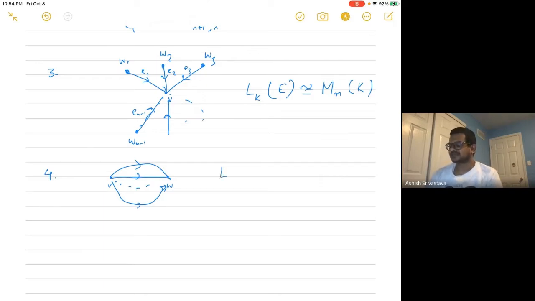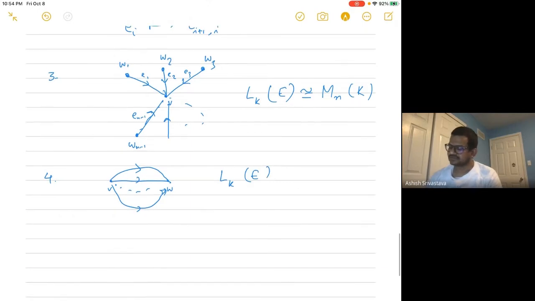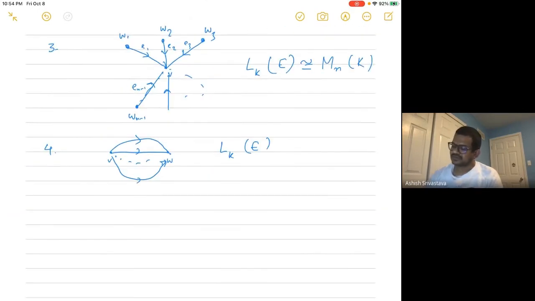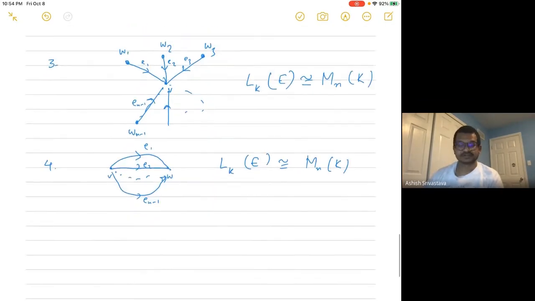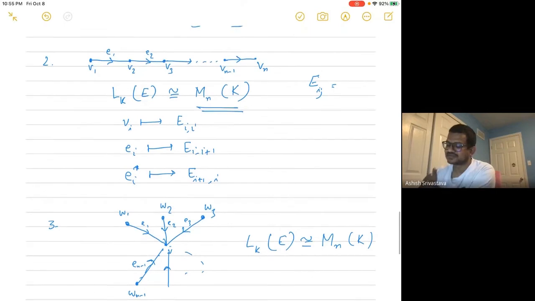In this case also you'll have, well, n minus 1. So if you have E1, E2, all the way to E sub n minus 1, this one is also. So right here, you have 3 different directed graphs. They're all non-isomorphic. Well, to see that they are non-isomorphic, it's very easy.